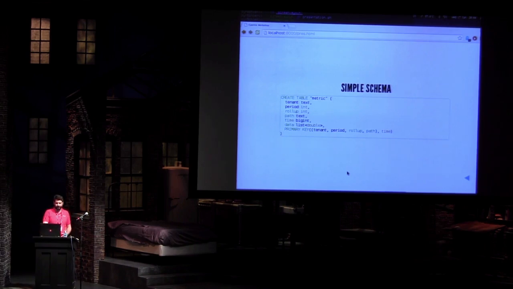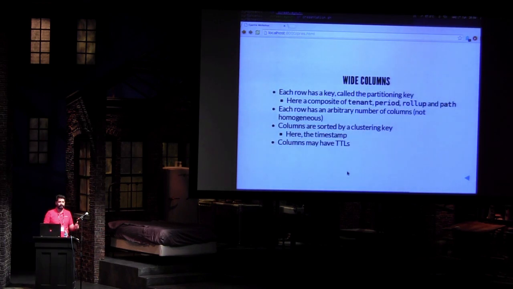And that's about it. And I was talking about wide column, and the basic notion around Cassandra is that it's a hash of hashes. A column family, which will be the equivalent of a table in SQL parlance, has a row key, which is called the partition key, and determines which hosts are responsible for that key. Here it's a composite.